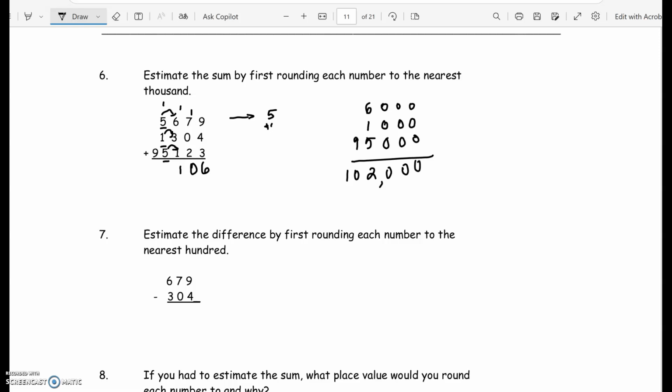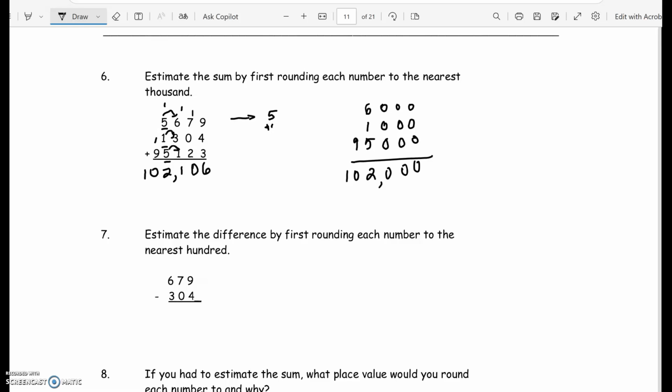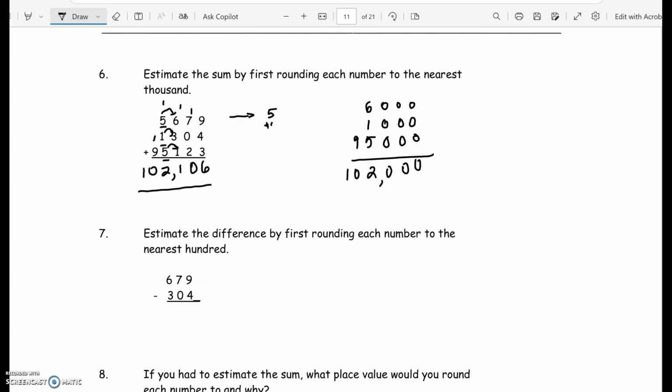Carry the 1, 5, 6, 7. 7 plus 5 is 12. 9 plus 1 is 10. So it's 102,106. So if we enter this into the calculator and get an answer, then we know that at least it's not completely incorrect, because our estimate says it should be 102,000.